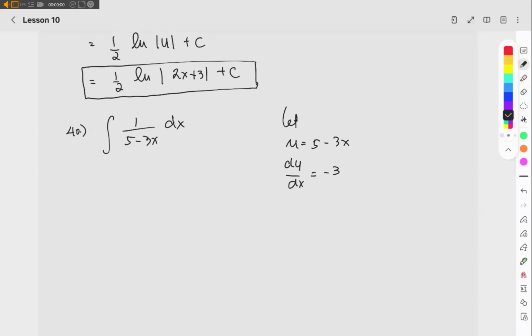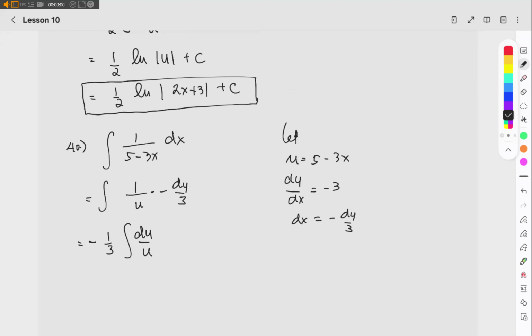So dx is simply negative du over 3. The integral of 1 over u dx is negative du over 3, so you can take out negative 1 over 3 outside. All you have is du over u.